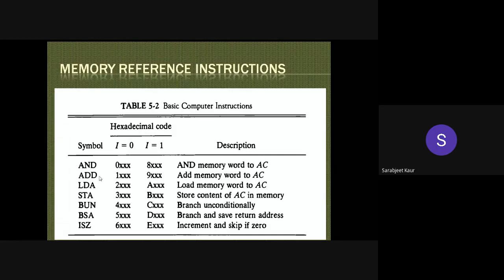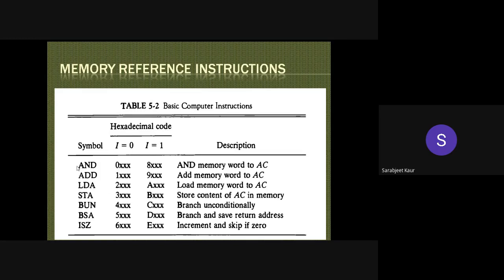I'll be talking more about the second and the third columns, which happen to be the corresponding opcodes, that means the operation codes for this particular instruction, and how this operation code will be specified in binary. That I will discuss sometime later.